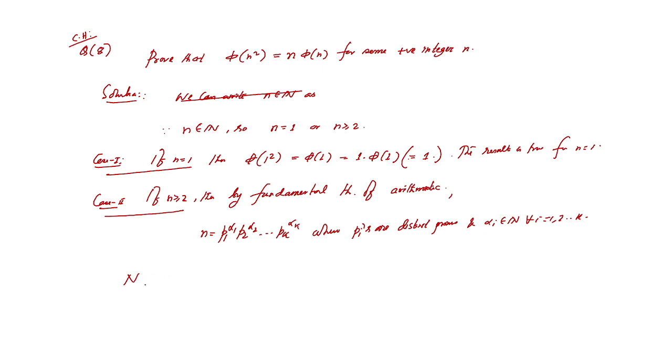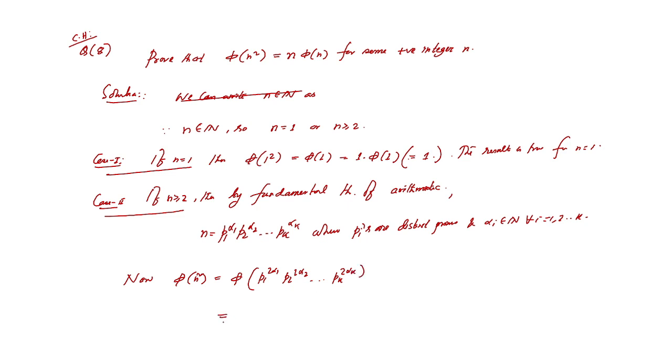In that case, what will be phi of n square? Phi of p1 to the power 2 alpha 1, p2 to the power 2 alpha 2, pk to the power 2 alpha k.